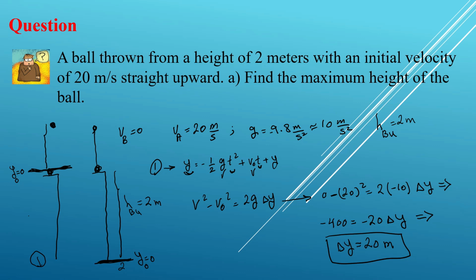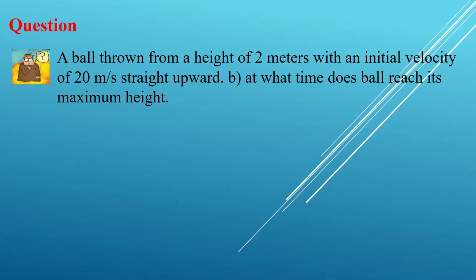Let's look at the second part. So it asks me what time the ball reaches the maximum height? Now this part is time dependent. I need to use the equation where time matters, right? Let's write down the equation I can use.